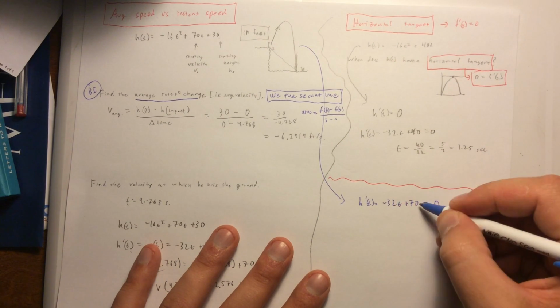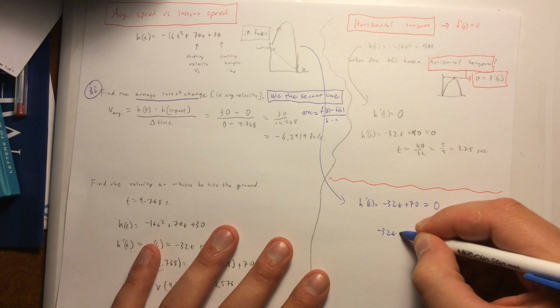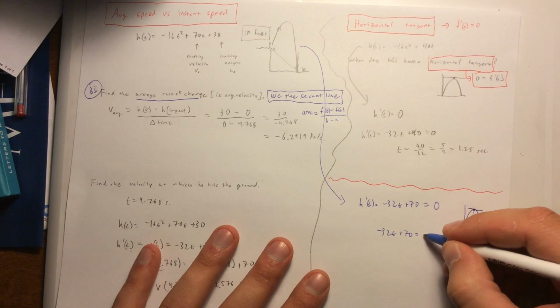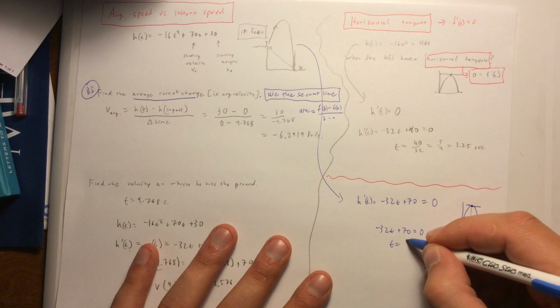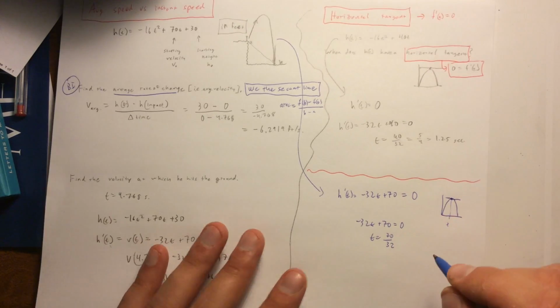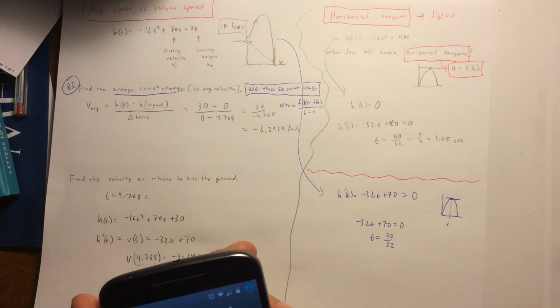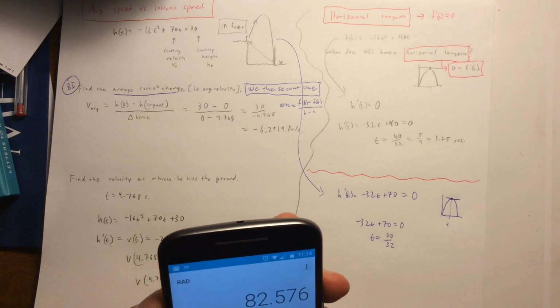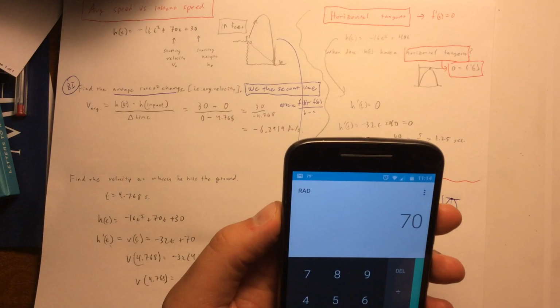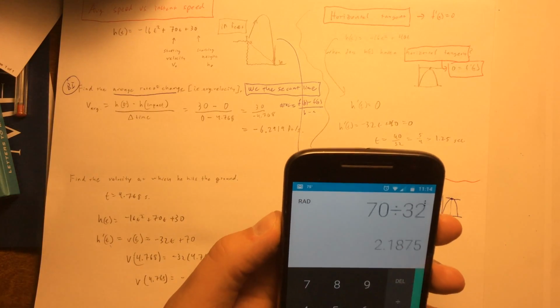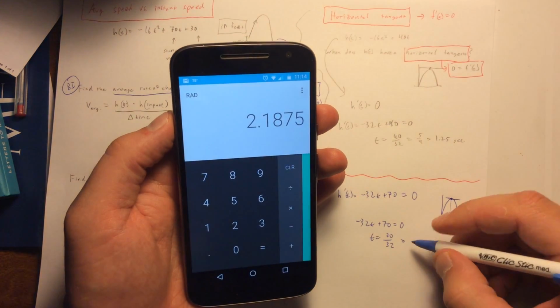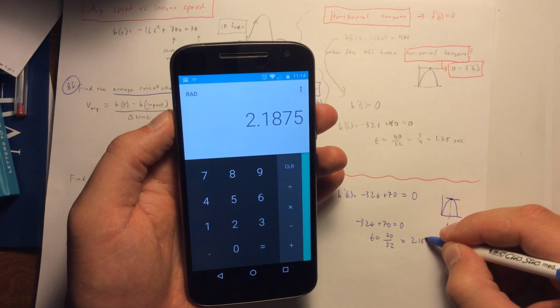So, negative 32t plus 70 is 0. Well, 70 divided by 32 is 2.1875 seconds.